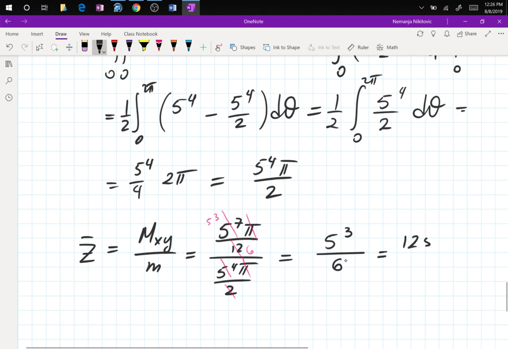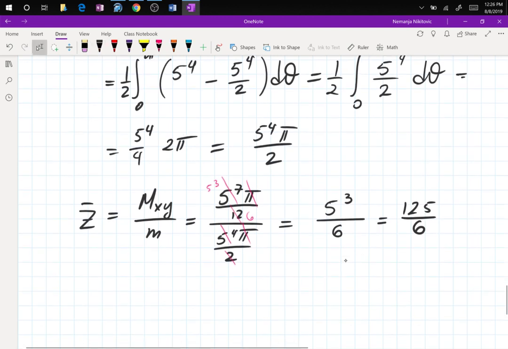That's 125 divided by 6. Z bar is approximately equal to 20.83333, I hope. That's good enough.